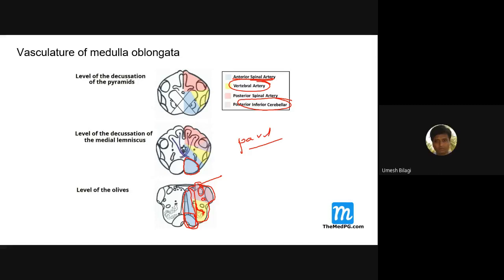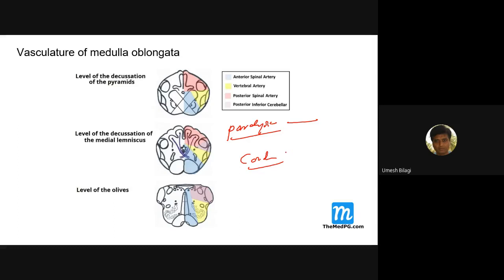So see what we have discussed. I think people know what upper motor neuron and lower motor neuron are. Paralysis is different and coordination is different. First thing, remember this. Coordination could be cerebellar.